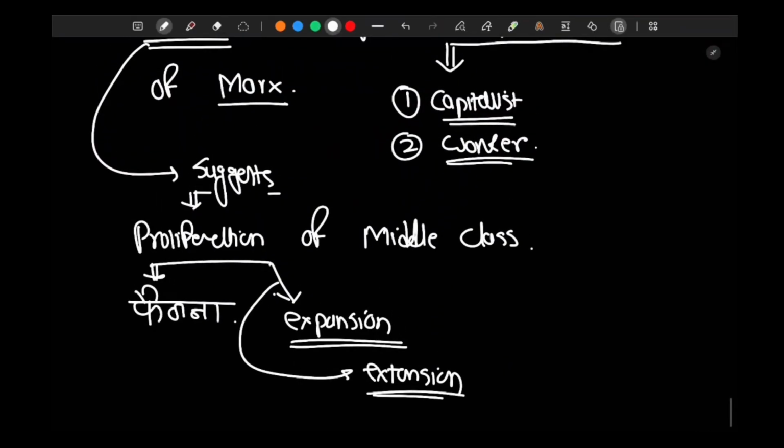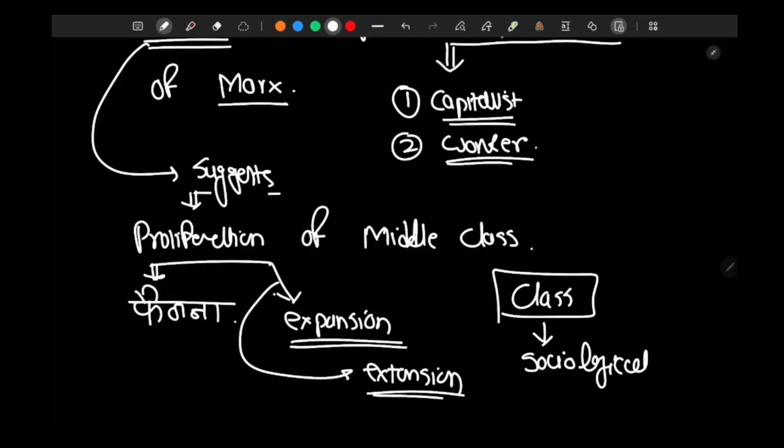Again, how do you understand this? You understand this by understanding the word class. Class is a sociological factor which Weber used to make us understand why revolution does not happen.